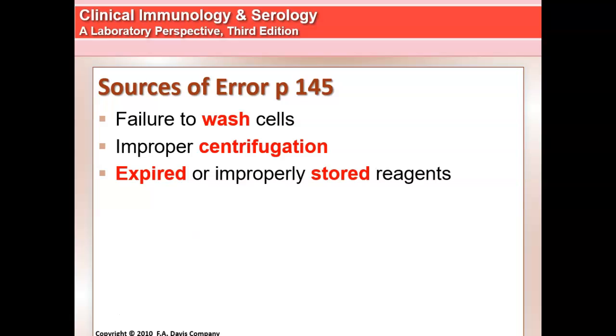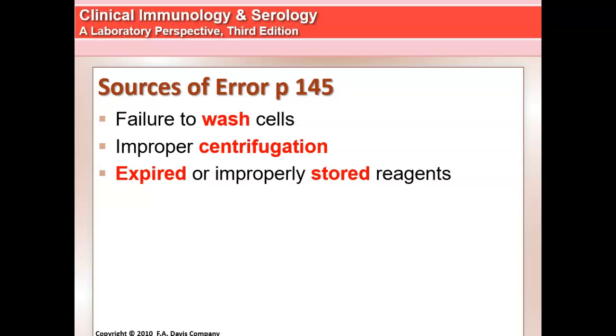Sources of error are failure to wash the cells, because you have to wash between each step to remove any unbound antigen or any unbound antibody from your reagent tubes that you've added. Improper centrifugation, if you don't centrifuge enough or if you centrifuge too long at too high of a speed, can cause a false positive.